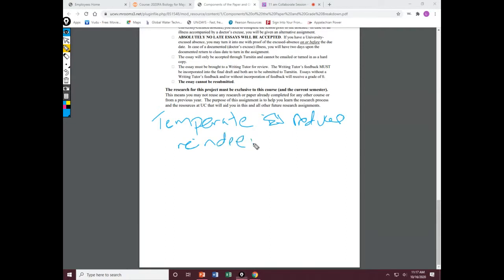I'm making this up. I don't know anything about temperature in reindeer. But you get the idea, right? Something that you've learned, but tell me from your point of view, the way you would say it.